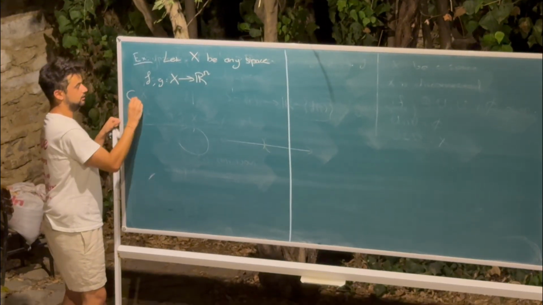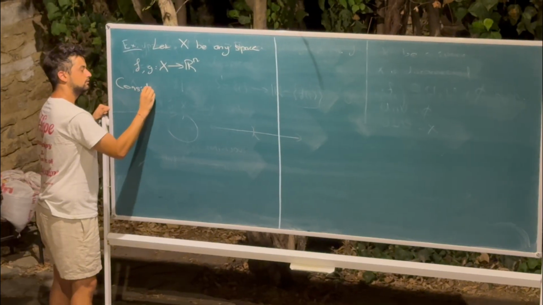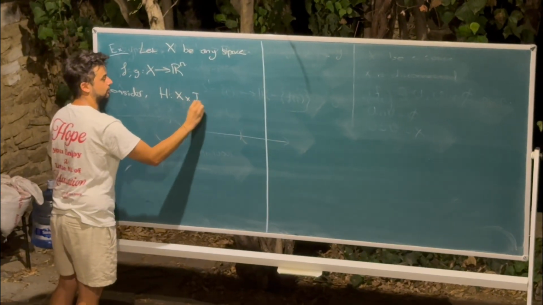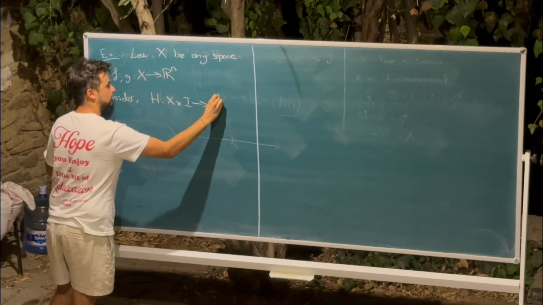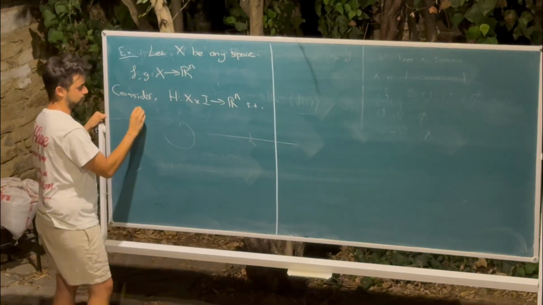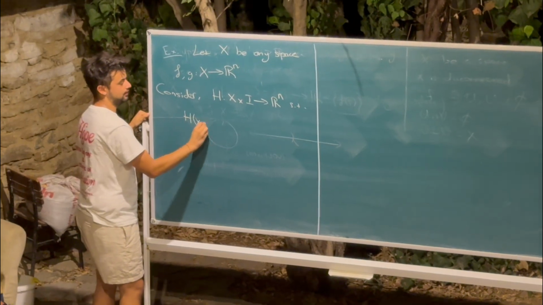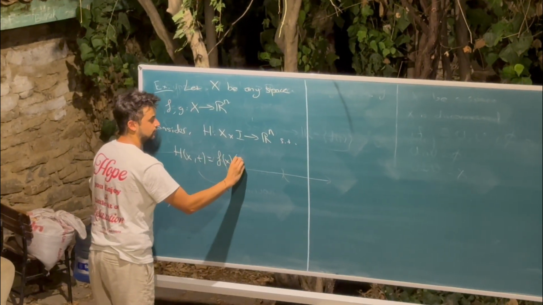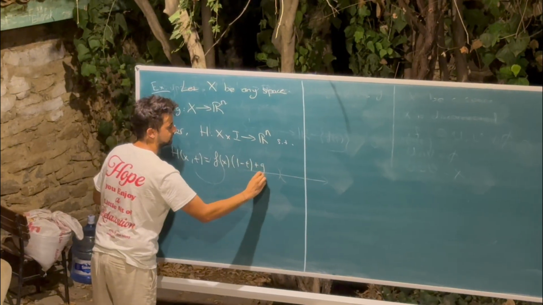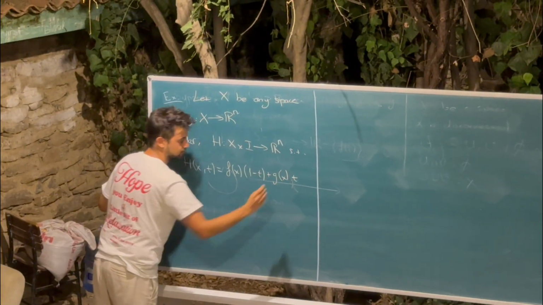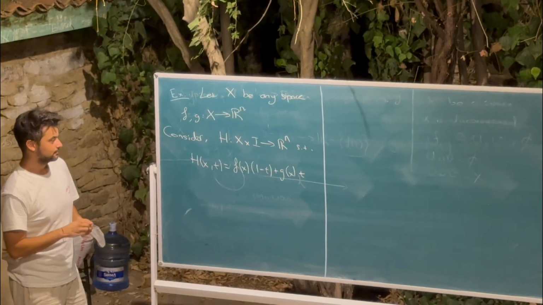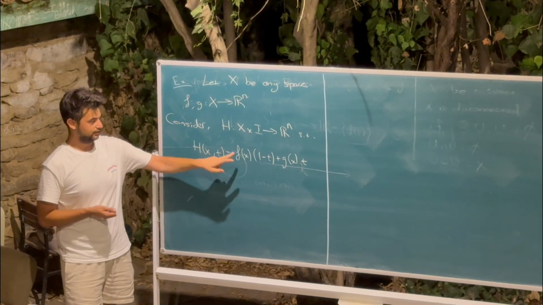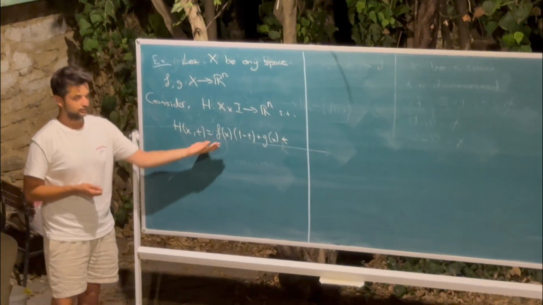So consider h from X times [0,1] to R^n, such that h(x,t) is f(x)(1 minus t) plus g(x) times t. You can easily check that if these are continuous functions, this is also continuous.